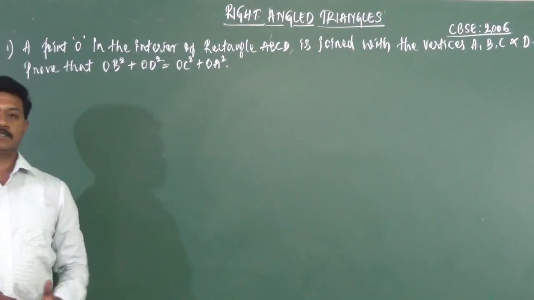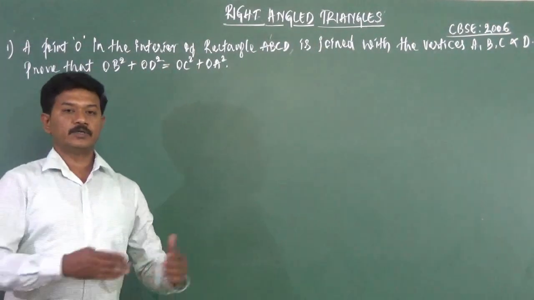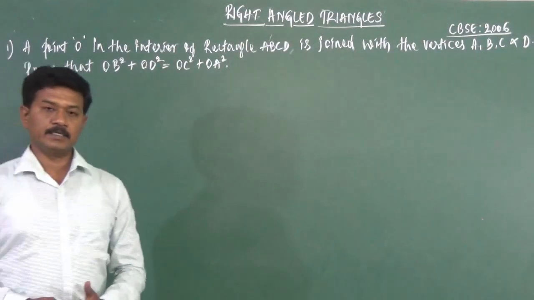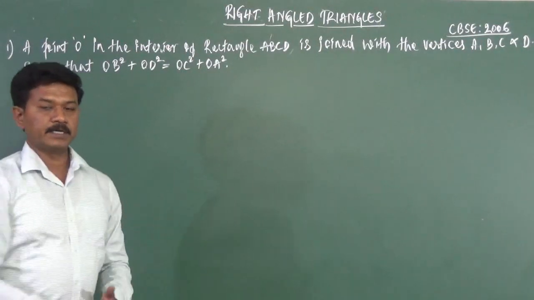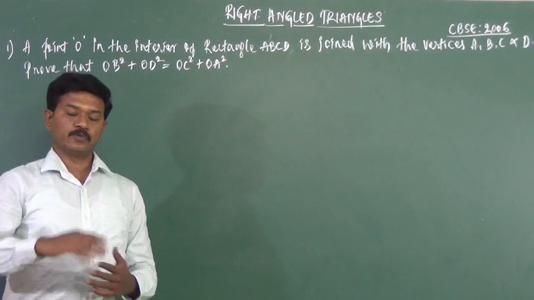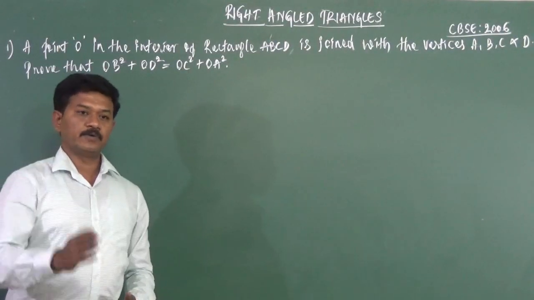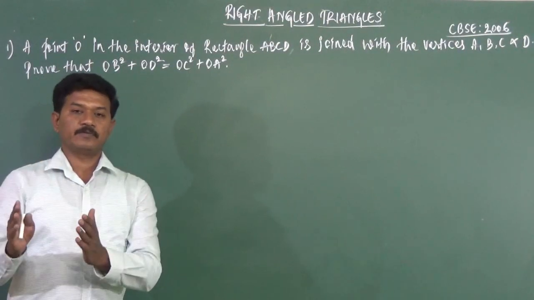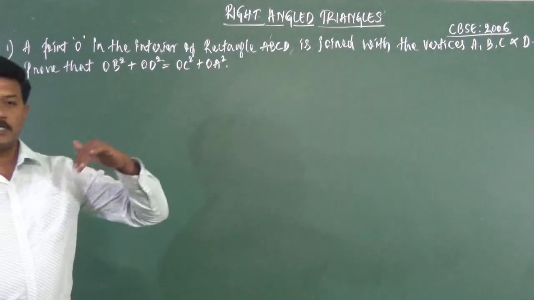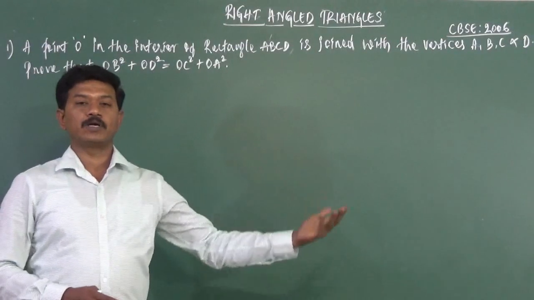Because all the 4 angles are equal to 90 degrees. Here we have taken a rectangle where all the 4 angles are 90 degrees, and when you draw a diagonal, we also get 2 right angles. So the concept of Pythagoras theorem is used in different types of quadrilaterals.